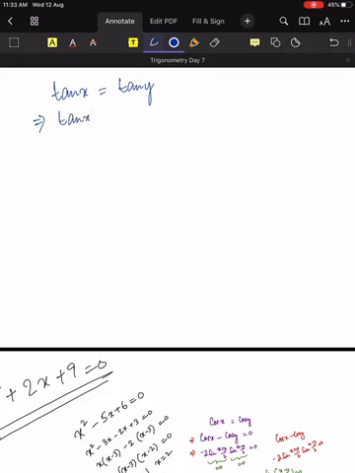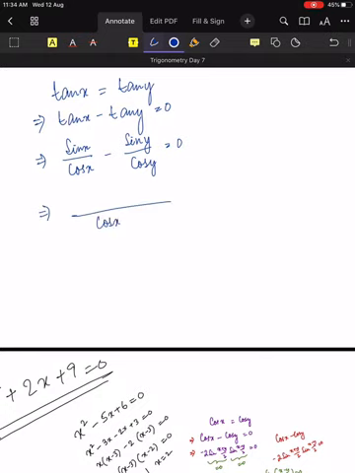So tan x minus tan y is equal to 0, and the formula of tan x minus tan y is what? There is no such formula. We will convert it into sin x and cos x. Always, when you don't know a formula, try to convert things into sine and cos, because they are the basic ones. Okay, now take the LCM and see what you get.